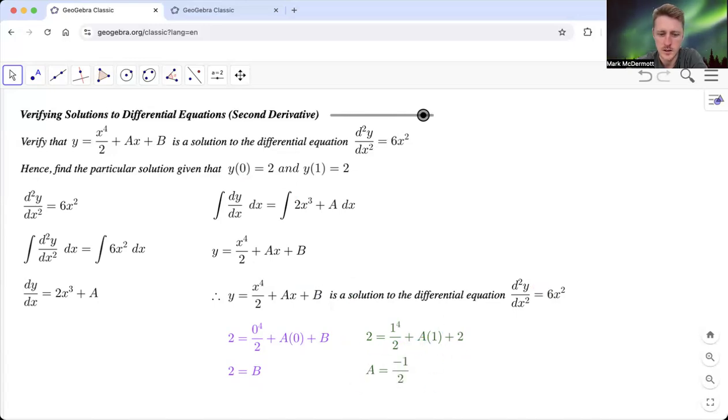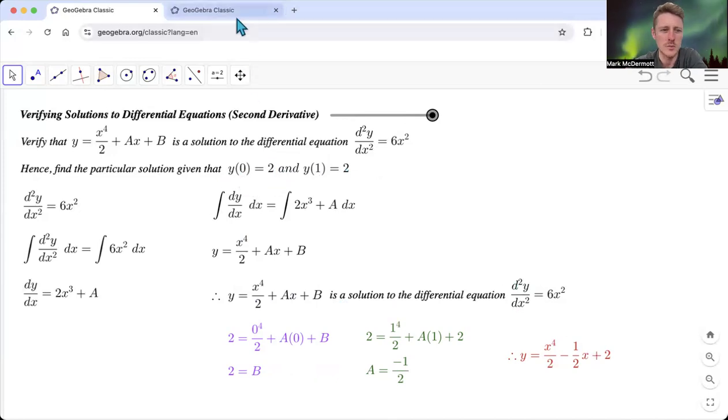Hopefully you can see that you'll get negative 1/2 as your solution for A. So therefore, our particular solution, just subbing in A and B now, is y equals x to the 4 on 2 minus 1/2 x plus 2, because A is negative 1/2 and B is 2. That's our particular solution to this differential equation, given that it goes through these 2 points.